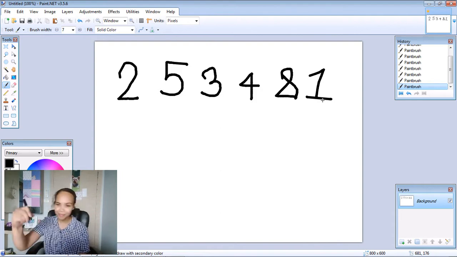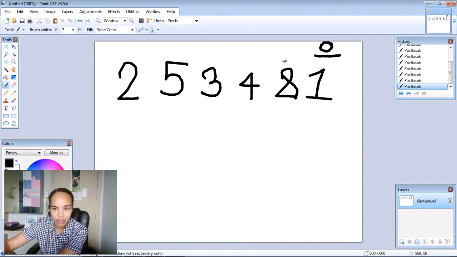First of all, everybody knows in the ones column over here, we have the number 1. That's 1 one, and the value is 1. Over here we have 8 tens. Then we'll have tens over there, and in here we have hundreds.